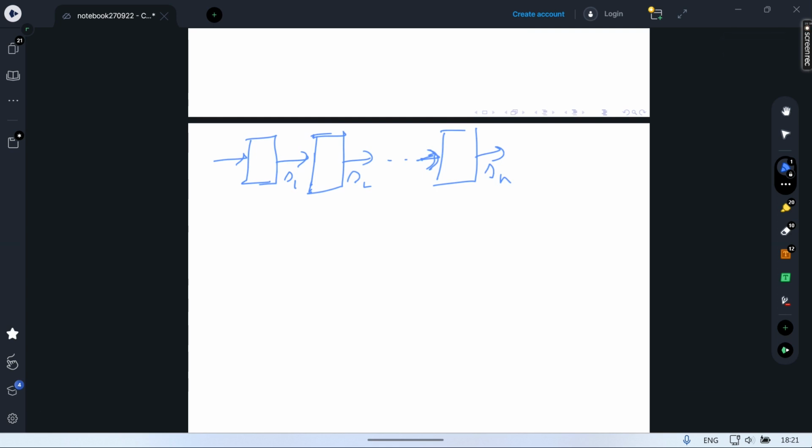If you consider the derivative with respect to S1, it will be something like this: dL/dS1 will be a chain going through dL/dSn.